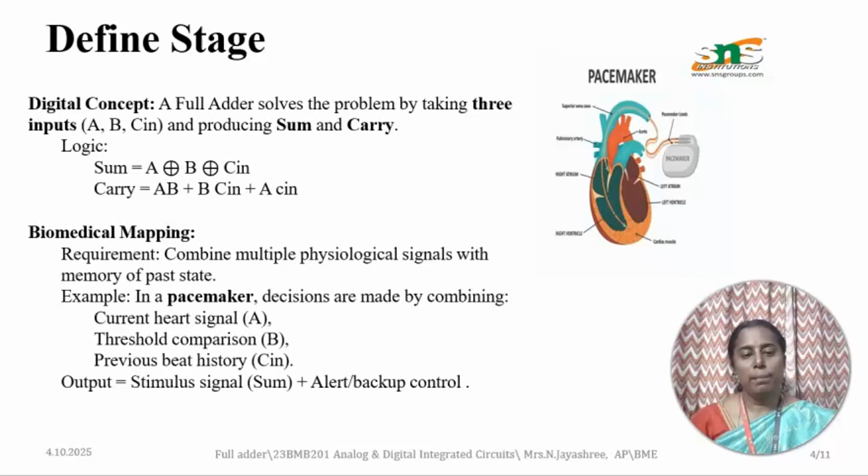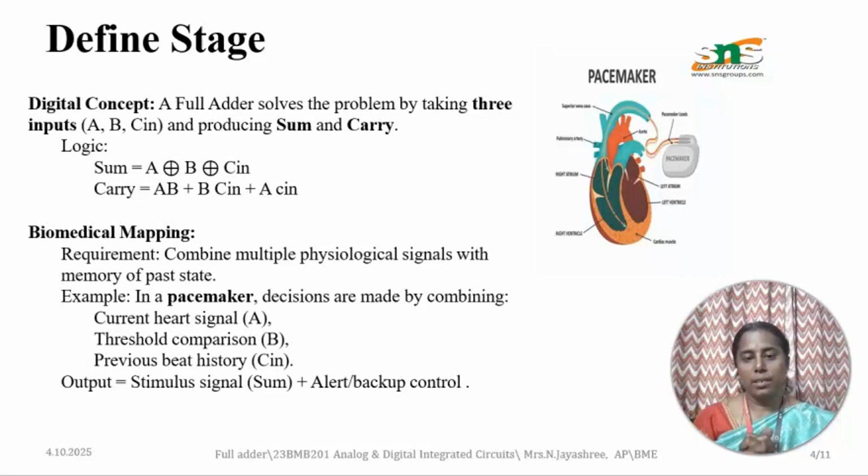So the biomedical mapping requirement is to combine multiple physiological signals with memory of past state. Generally this full adder has three inputs and two outputs. When it comes to the biomedical stage, it combines physiological signals with memory of past state.